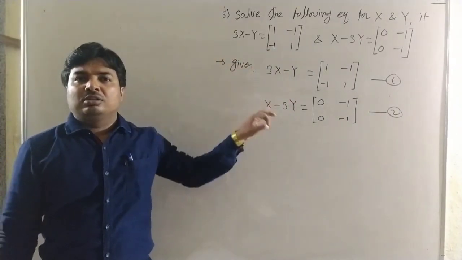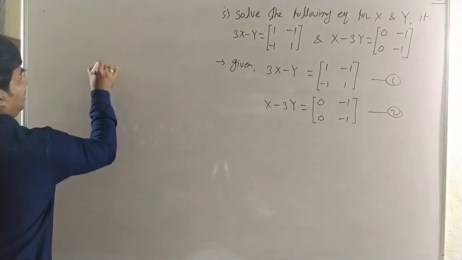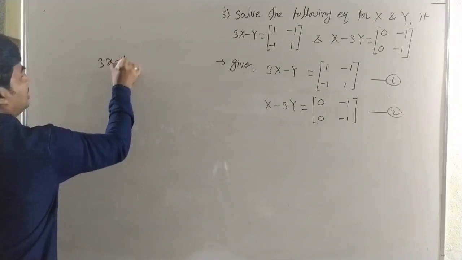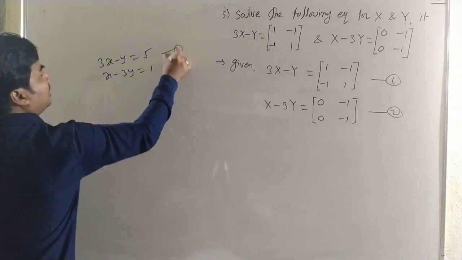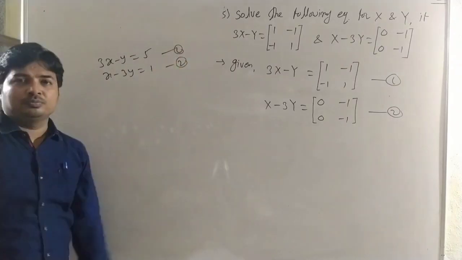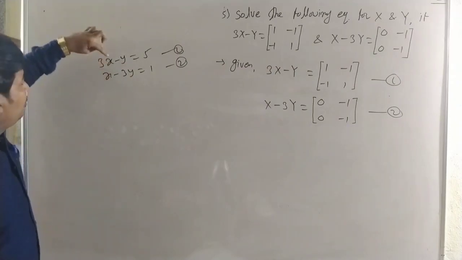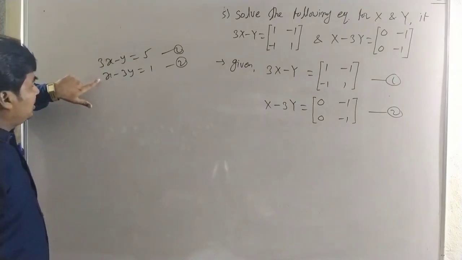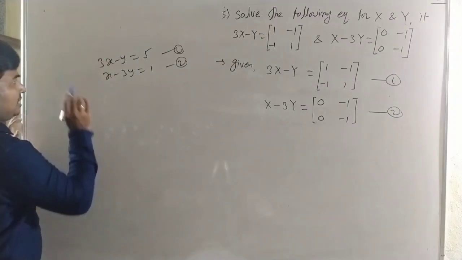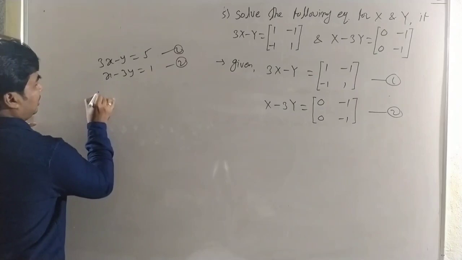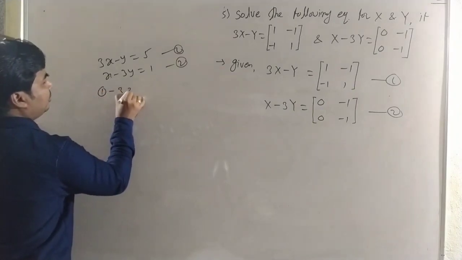We have already solved linear equations in class 10. See carefully, if the equations are of the type 3x minus y is equal to 5 and x minus 3y is equal to 1, here are the two equations. For solving these two equations, we multiply equation number 2 by 3 and subtract. It is equation number 1 minus 3 into equation number 2.